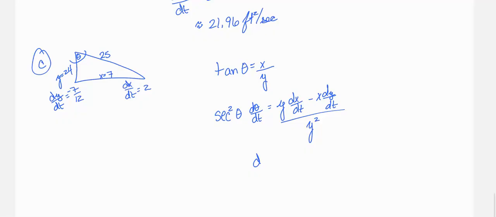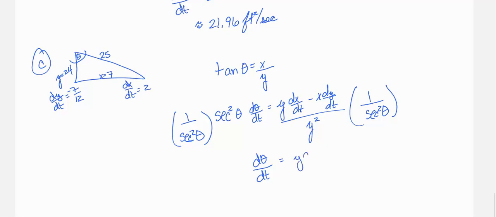I'm going to solve this for d theta over dt. And to do that, I can multiply both sides by 1 over secant squared theta. So I have y dx over dt minus x dy over dt over y squared times that secant squared. But isn't that the same thing as cosine squared?